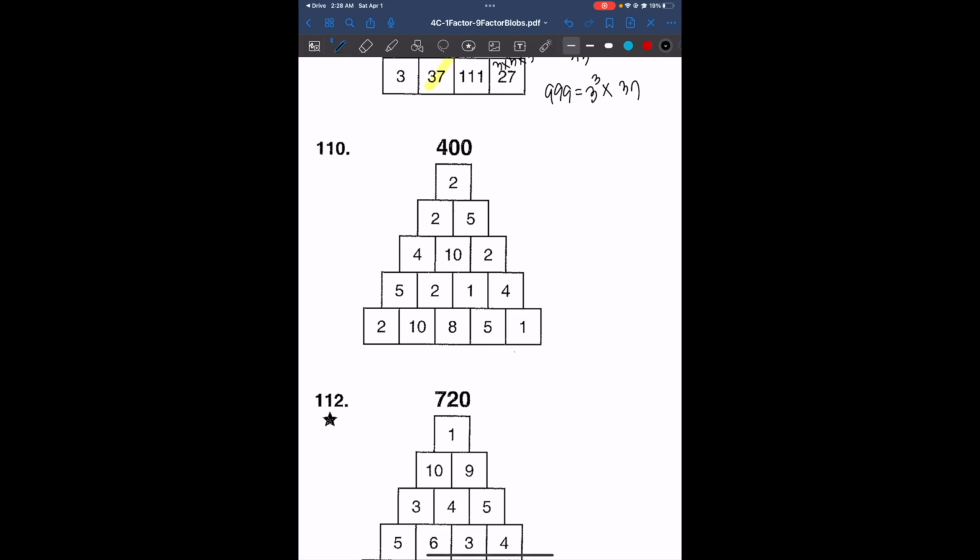For problem 110, we have target number 400. Which can be written as 2 to the power of 4 times 5 to the power of 2.